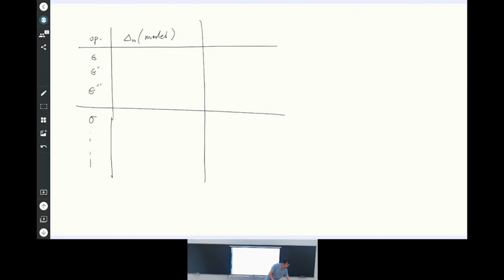Let me use the data. Yeah, this is the numerical data for the model.